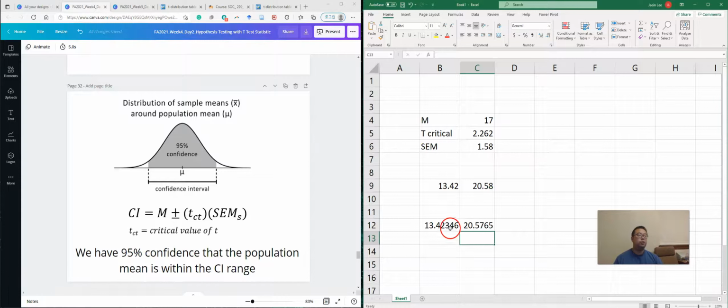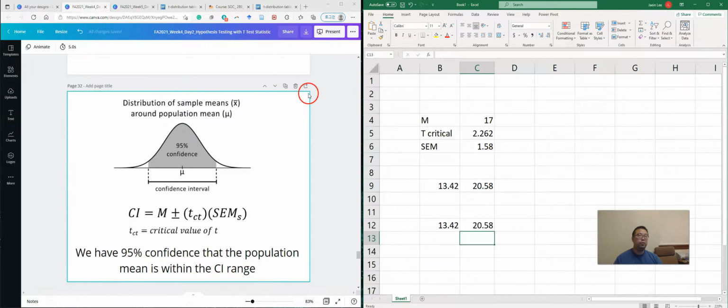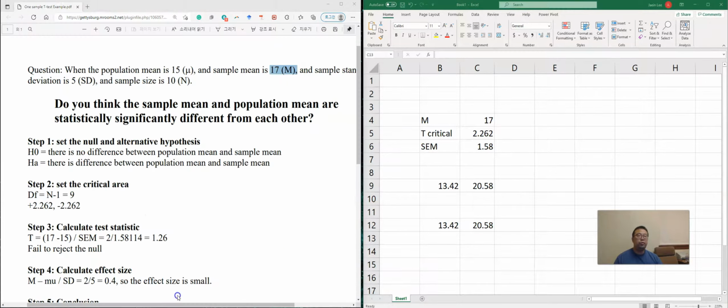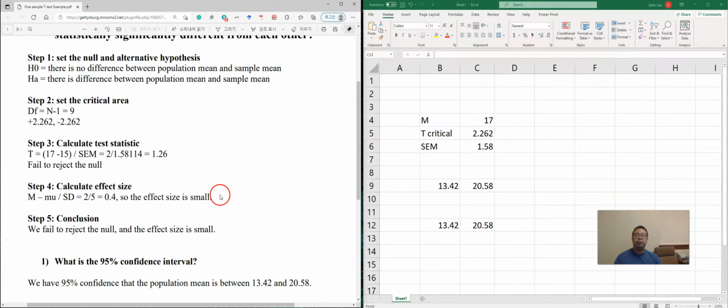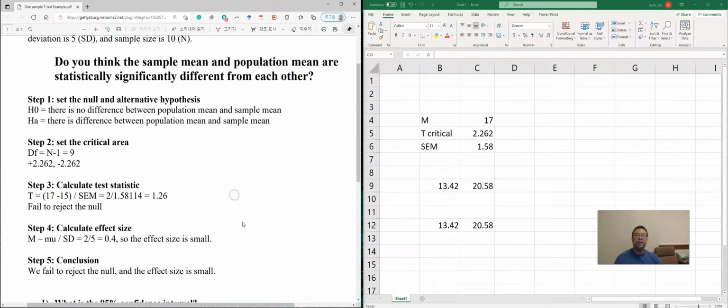Then those numbers are created and we reduce the decimal places to make them simpler. So now we have those numbers. So this is how to calculate the confidence interval and also how to use the one sample t-test based on the flow of hypothesis testing.